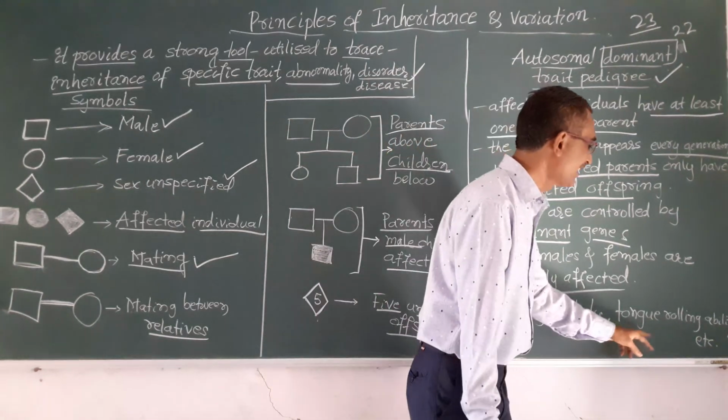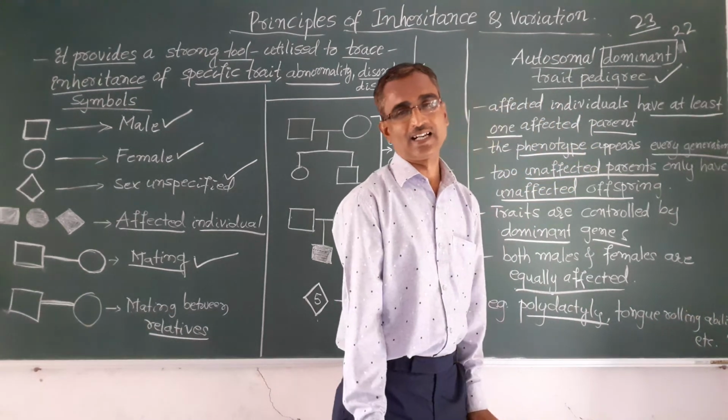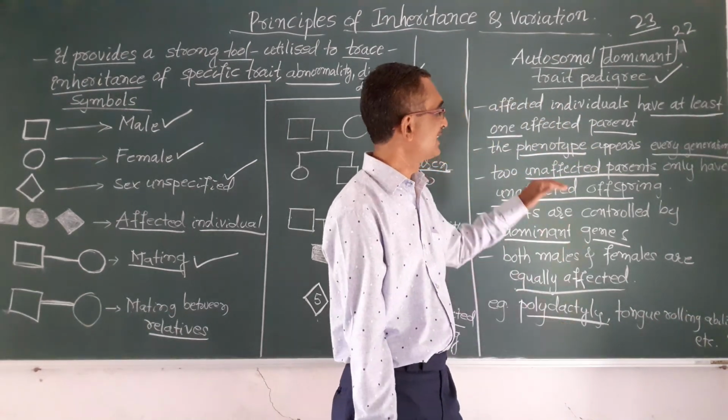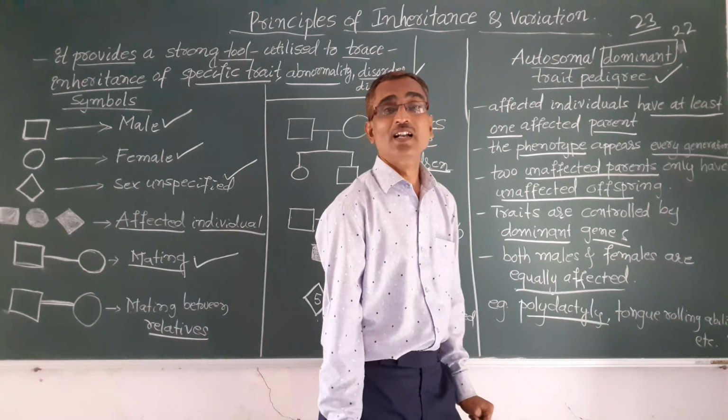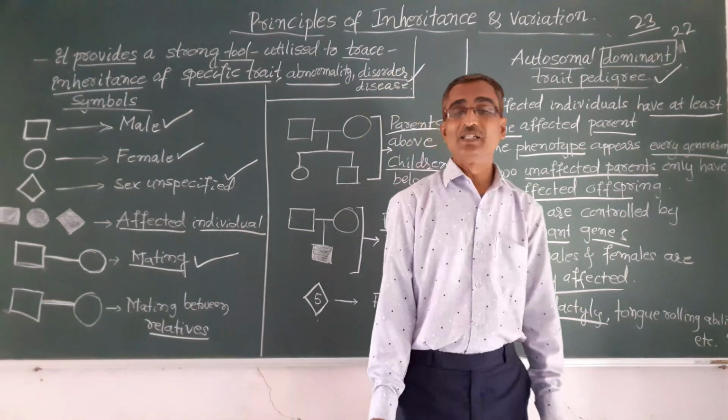Another one is tongue rolling ability, and so on. So these are examples of autosomal dominant trait pedigree.